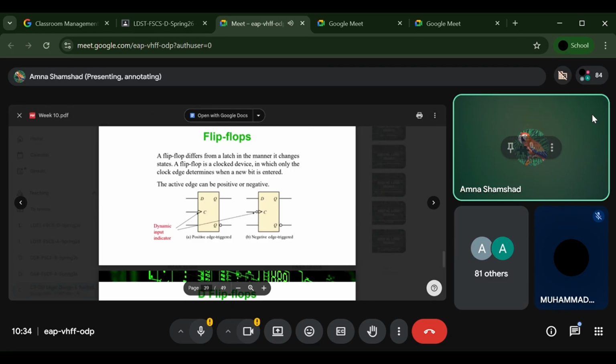So coming to the flip-flops that we have already started in the class. What is a flip-flop? Can anyone tell?